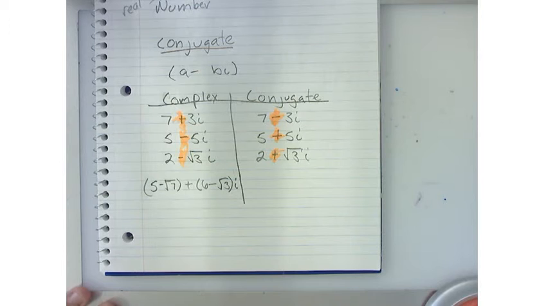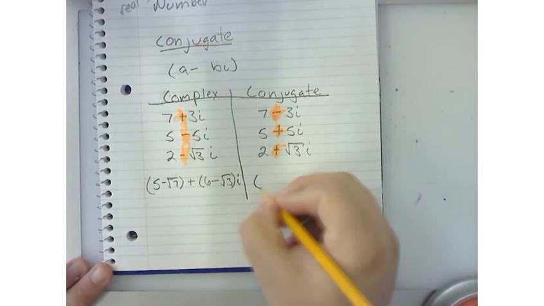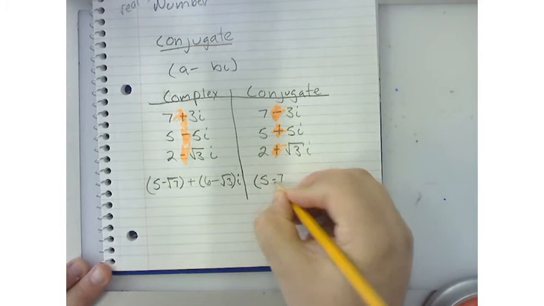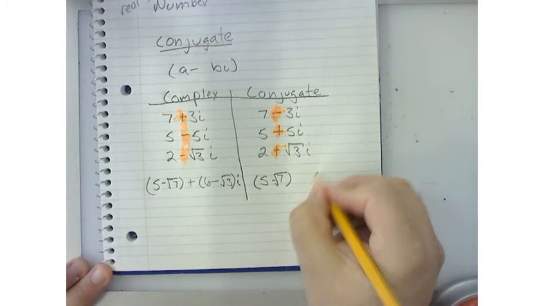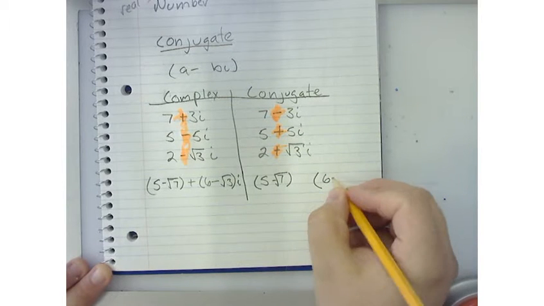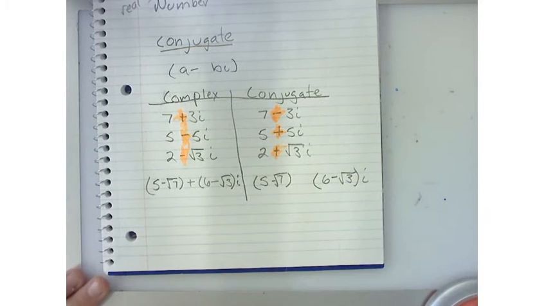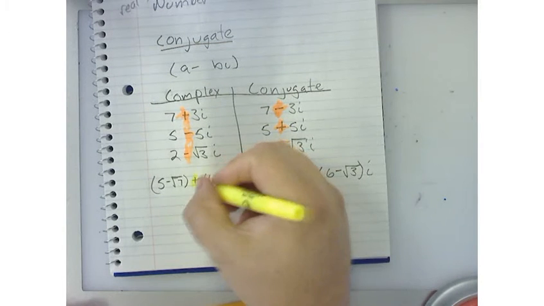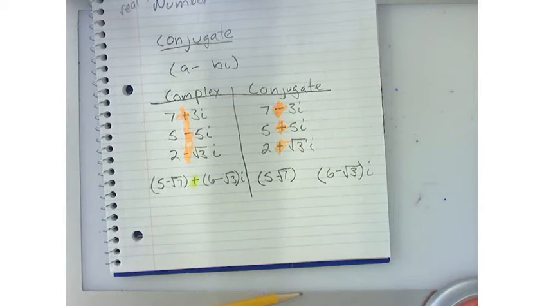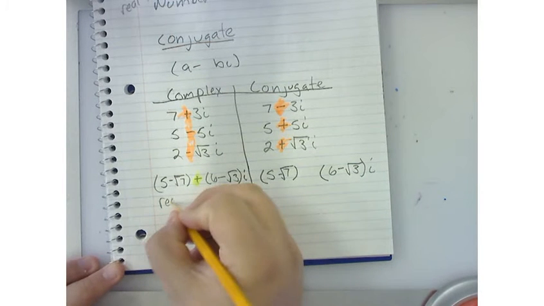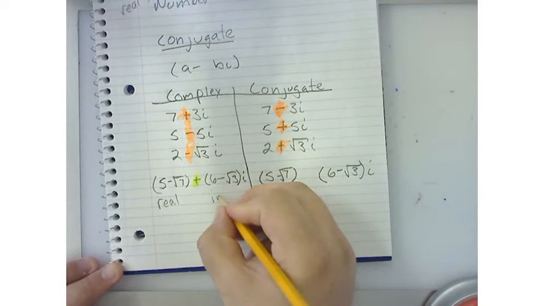Now nothing changes with regards to the real or imaginary portion of the complex number. The only thing that I'm going to change is the sign between the real and imaginary parts. Here we have the real portion, and here we have the imaginary.